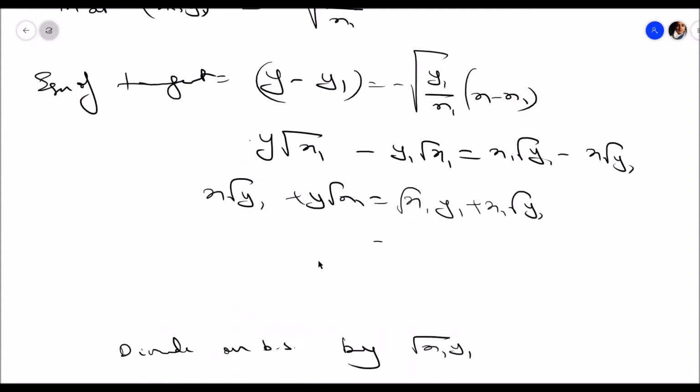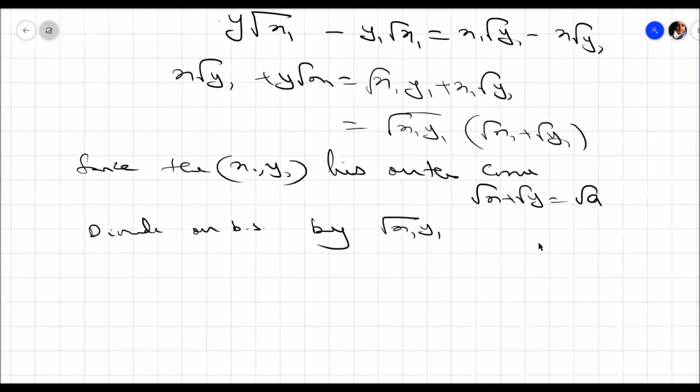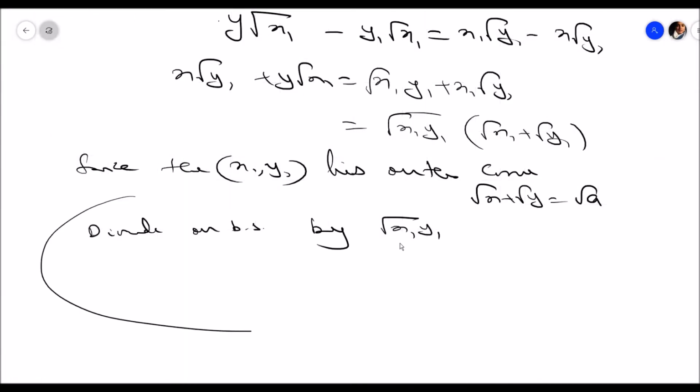From these two, of course, I can take out root x1 y1 common, and then I'm left with root x1 plus root y1. But I want you to write this step: since the point x1 comma y1 lies on the curve root x plus root y is equal to root a, this should be satisfied by x1 and y1.